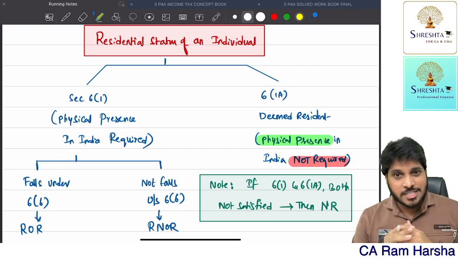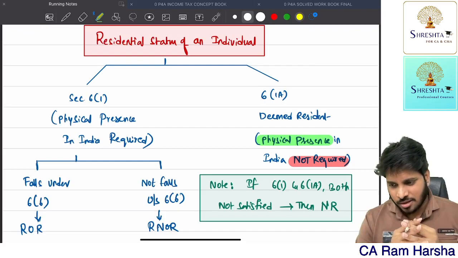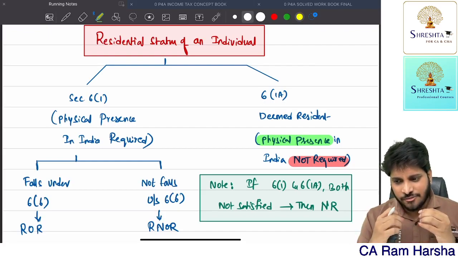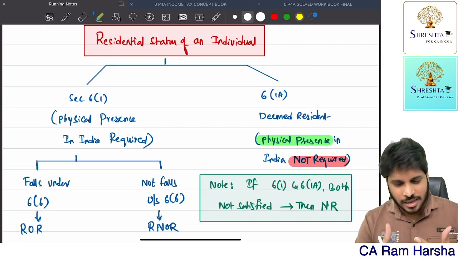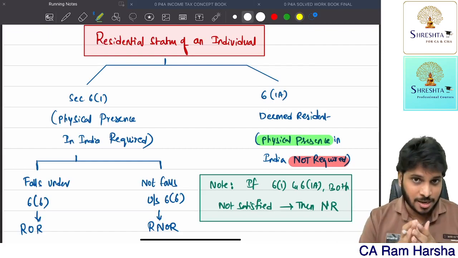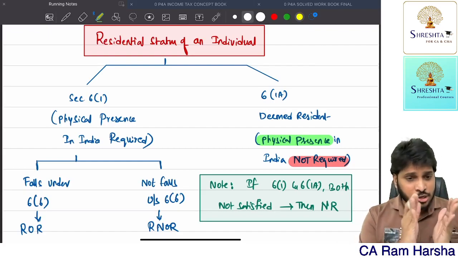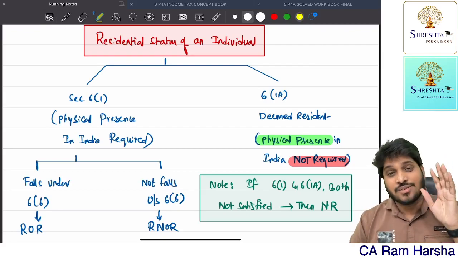I told you in the previous session that in every country, worldwide, any country you take, they first of all classify any taxpayer or any person either as a resident or non-resident before they talk about taxing a particular income. First they classify them into either resident or non-resident. On what basis they classify?